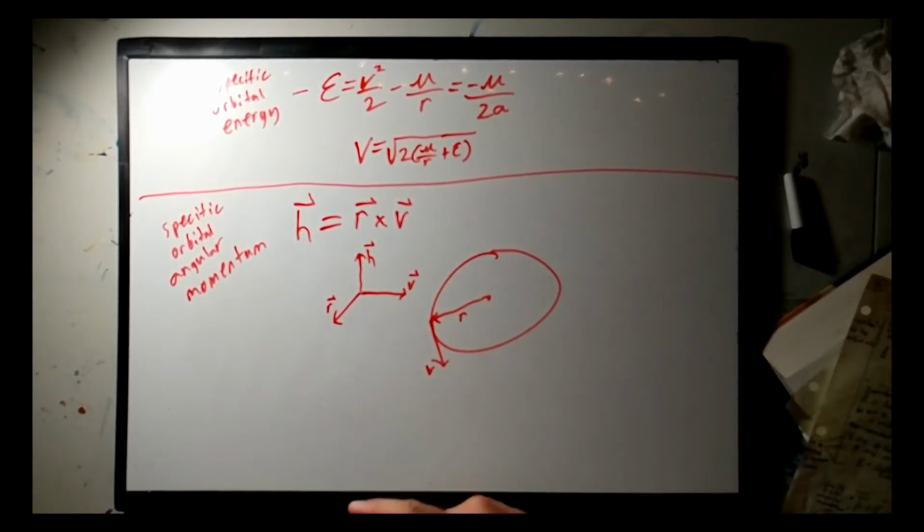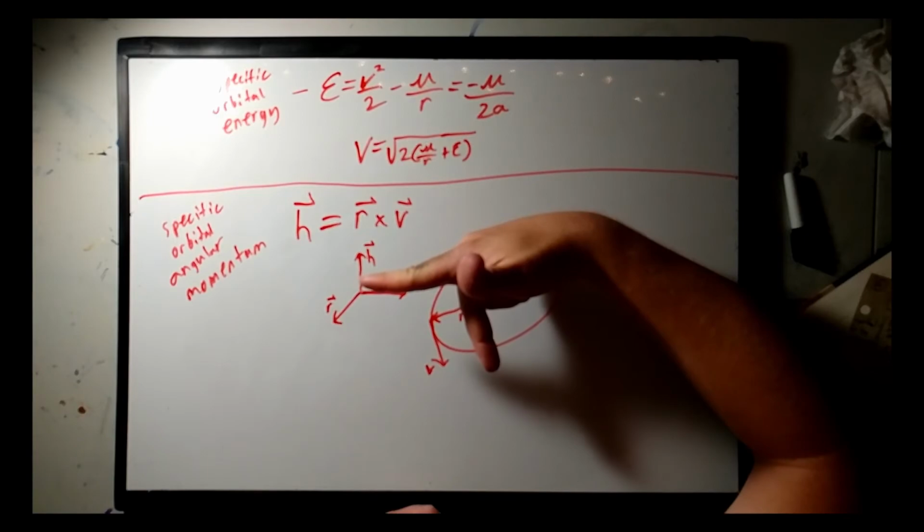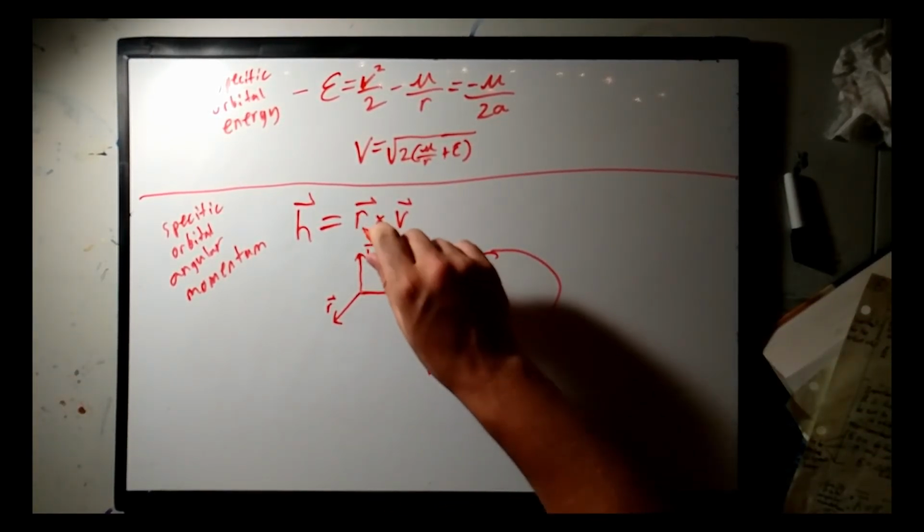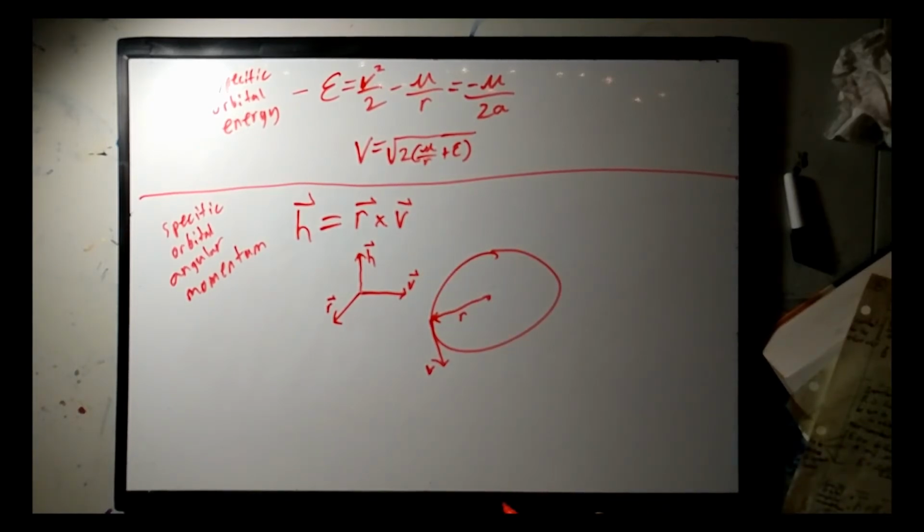So here, look, there you go, right-hand rule. So we can gather from this that the R and V vectors define our orbital plane for a two-body orbit. And therefore, H is always going to be fixed in space, essentially.